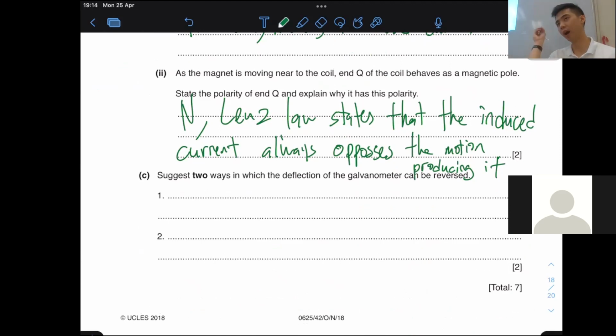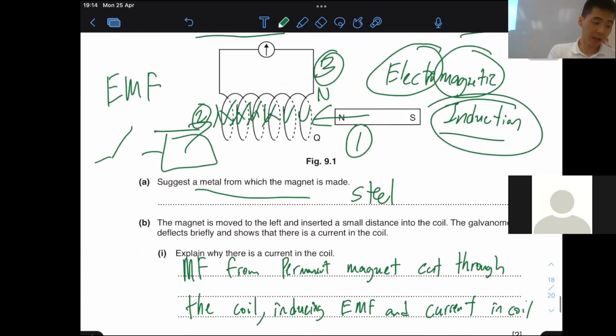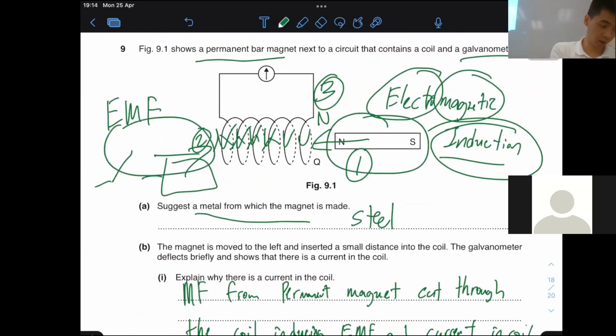You could also pull it upwards. Yeah, instead of pushing it in, you pull it backwards. Any of it is acceptable. Of course, the north must go in here, guys, right? Then after that, it will be a different direction. You could pull the magnet, it will be a different direction as well. You could do a lot of things, anything that's logical.